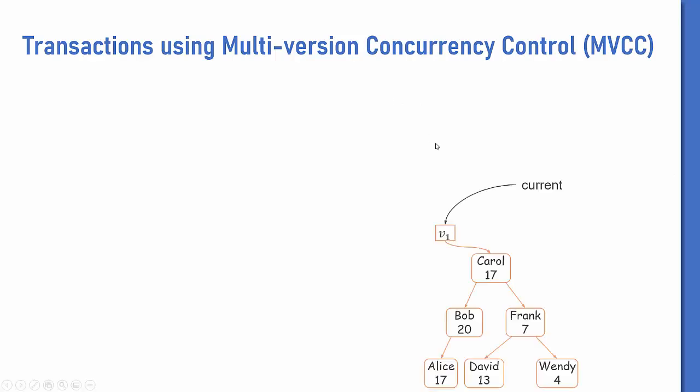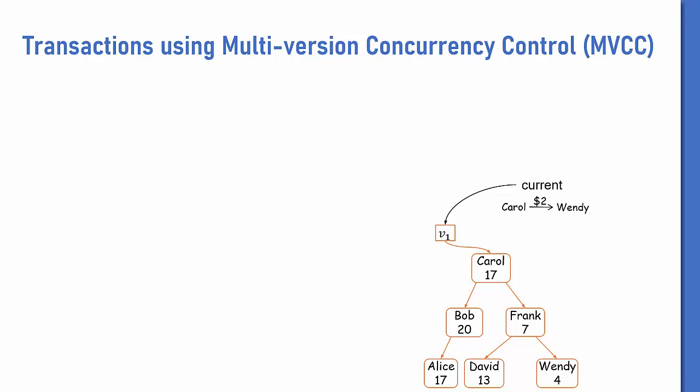Okay, so let's look at an example, and let's use the very typical bank account example for transactions. Assume we have a P-tree storing all the users of a bank and their account balance. Let's see how the P-tree can make sure all transactions work properly. Now assume a transaction starts.